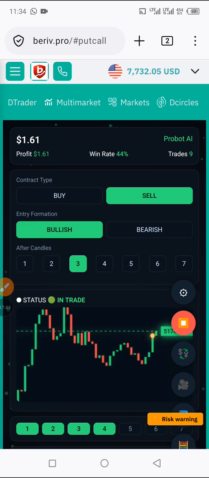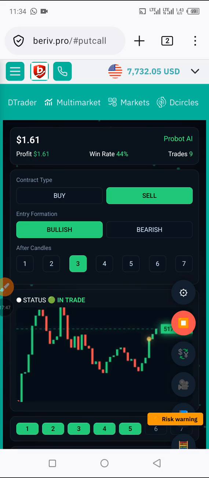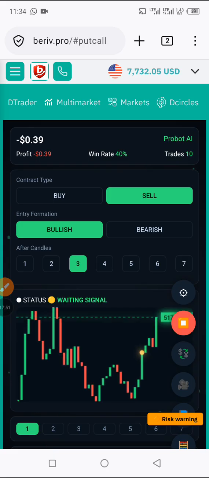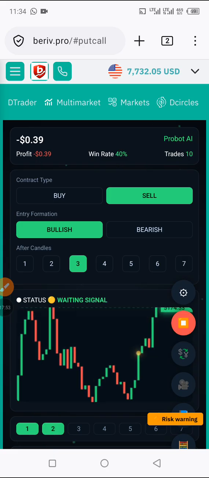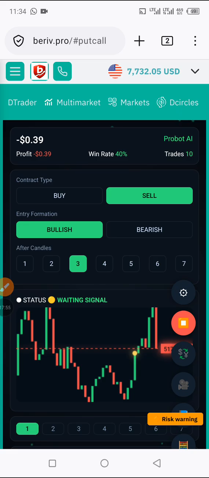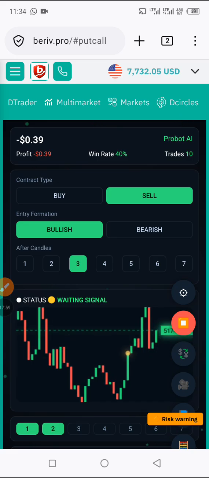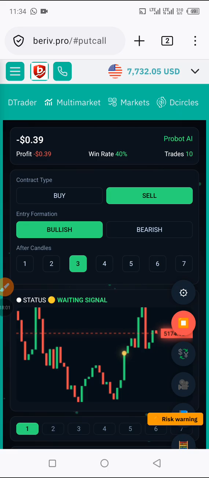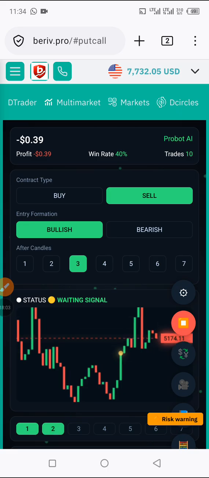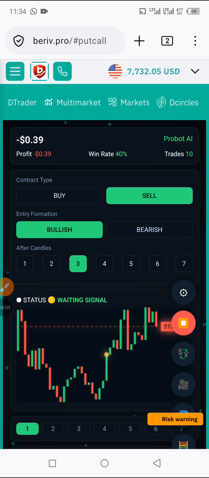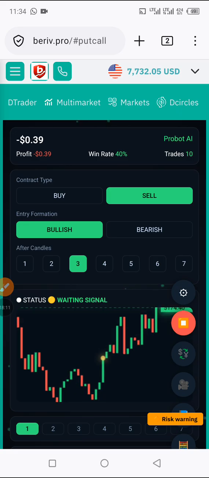Also, even if the bot is running, you can still change the settings if you want to. For example, if you see that the bullish trend is not giving you the money as you expect, you can always change to a buy. Like you can say, when the last three candlesticks are going up, you can predict that the fourth candlestick will still go up.